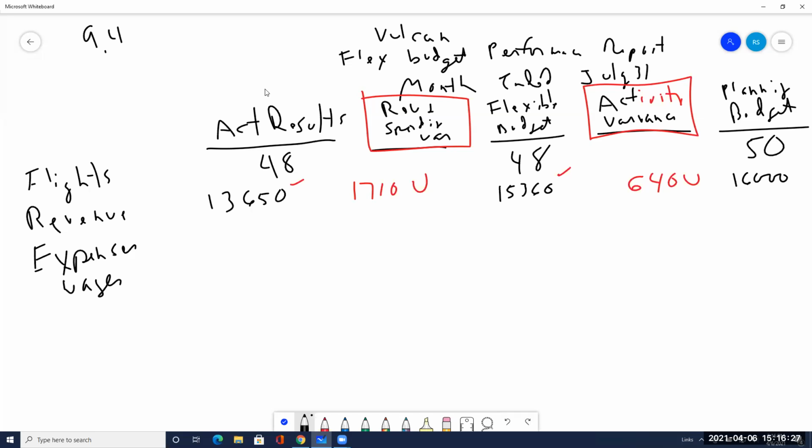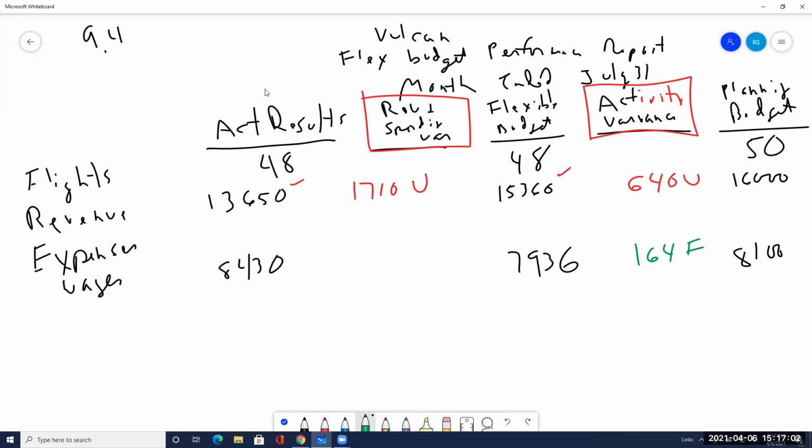Wages are 8,430, 7,936, and 8,100. 8,100 to 7,936 is 164, and that's favorable. We were planning on 8,100. We only spent 7,936. That's good.